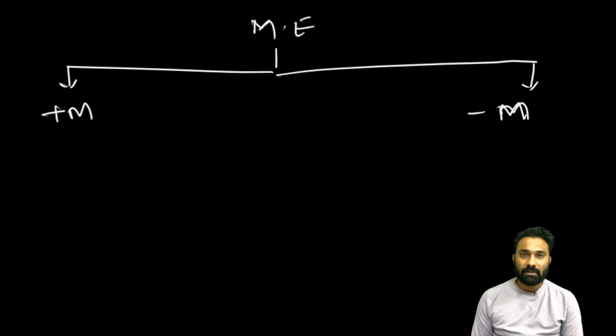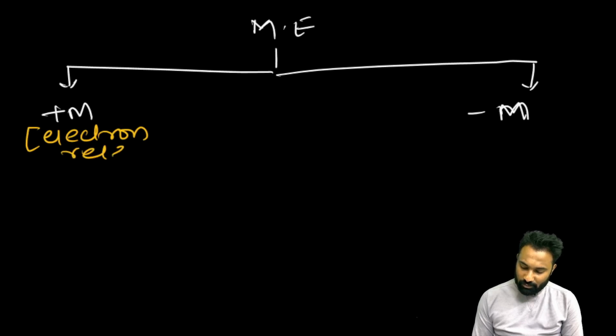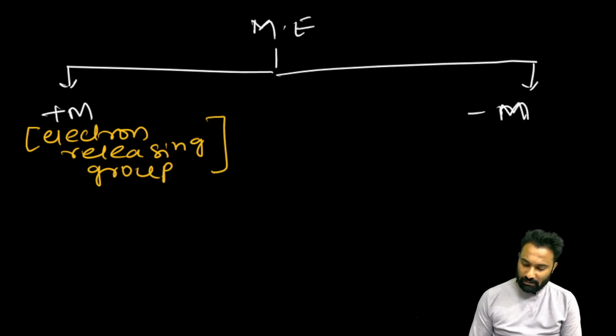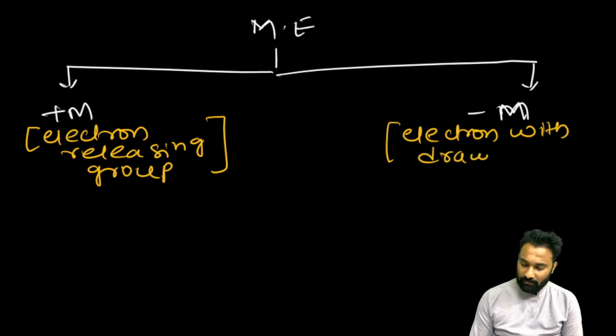So what is the meaning of the plus M groups, sir? Plus M groups means electron releasing groups, or electron repelling groups. Clear? Minus M groups are electron withdrawing groups, or electron attracting groups.